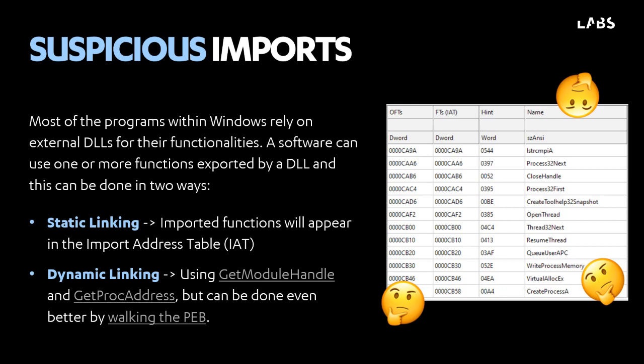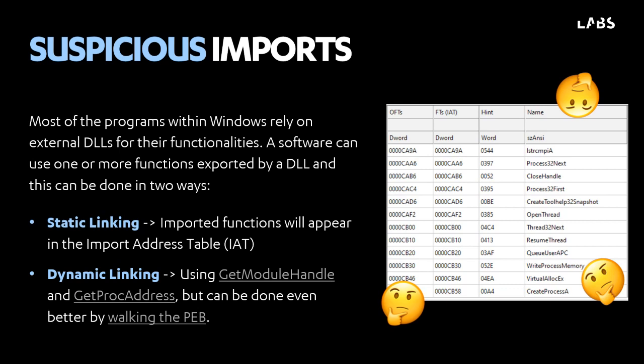When you're using static linking, what you're going to do is actually populate the import address table, and that's something that's going to be reflected in the PE file, the exe or DLL that you're going to write on disk. And that can be suspicious if you're using kind of dodgy APIs.